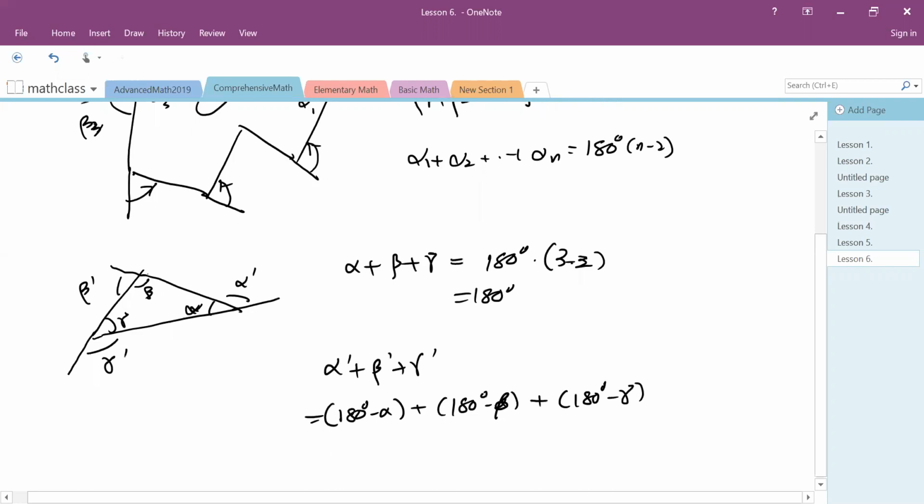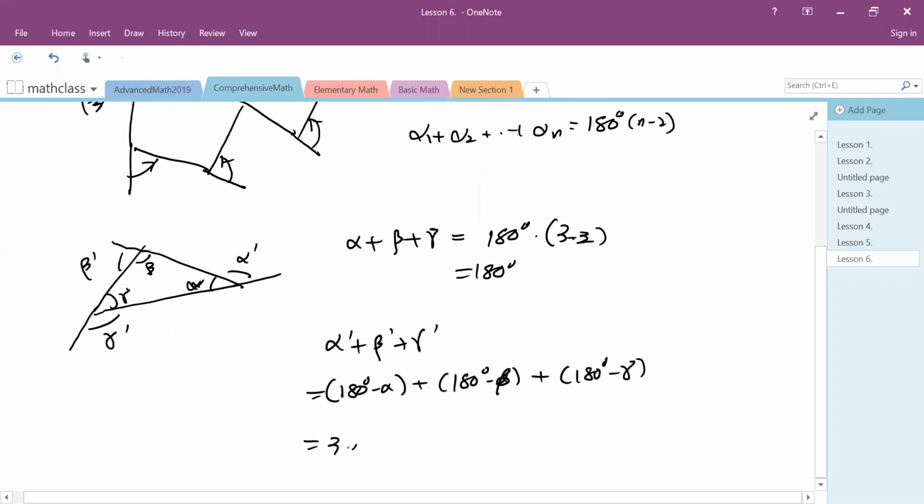And you will see that you get 3 times 180 degrees minus alpha minus beta minus gamma. So this is 180 degrees. So the final answer will be 180 degrees times 2, 360 degrees.